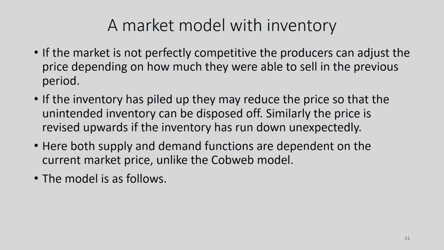So, in the next period they will reduce the price so as to give incentive to the buyers. And similarly, if the inventory is running down unexpectedly, in that case they will like to stop that run down and they will raise the price so as to discourage the buyers. So, this is how the model is working.